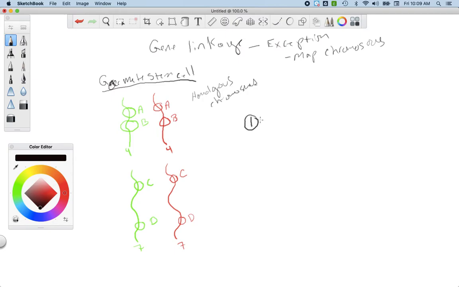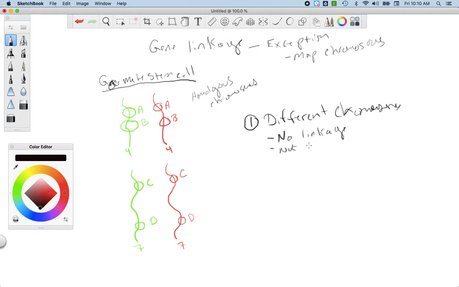The first situation, the genes that you're talking about are on different chromosomes. So A and B are on different chromosomes from C and D. If you were on a different chromosome, there's no linkage.